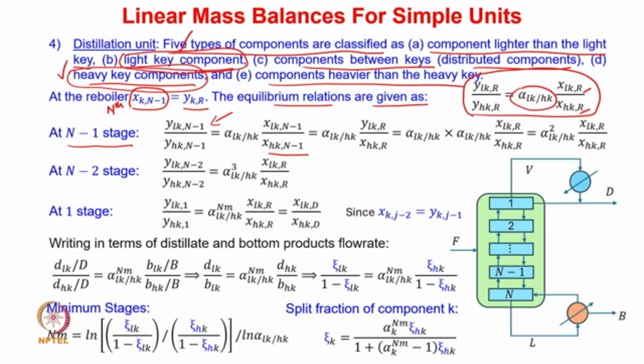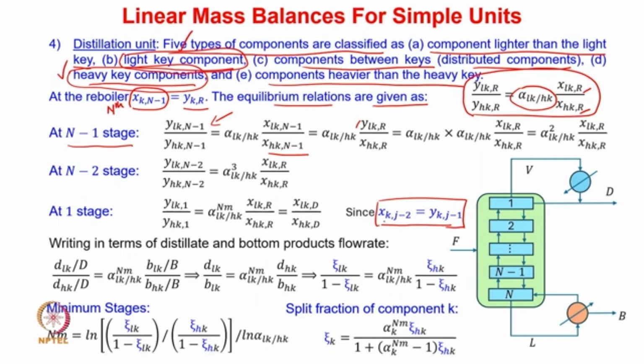Now you can see that in this case, x Lk n minus 1 and x Hk n minus 1 we can represent as y Lkr and x Hkr, isn't it? If you are looking at the n minus 1 stage, whatever is coming into the n minus 1 stage in the liquid phase and whatever is going out from the n minus 1 stage, the mole fractions of the liquid phase and the vapor phase will be the same here.